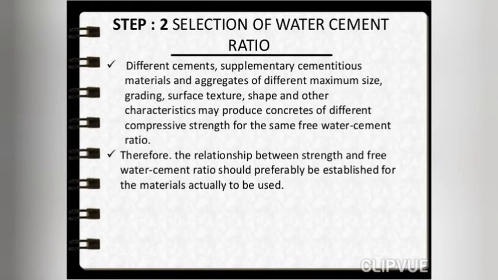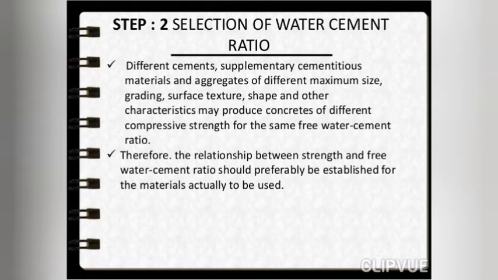Next step is the selection of water-cement ratio. Different cements, supplementary cementitious materials, and aggregates of different maximum size, grading, surface texture, shape, and other characteristics may produce concretes of different compressive strength for the same free water cement ratio.